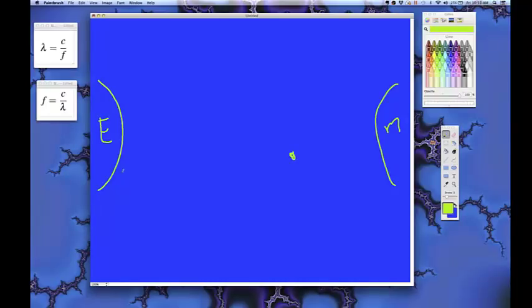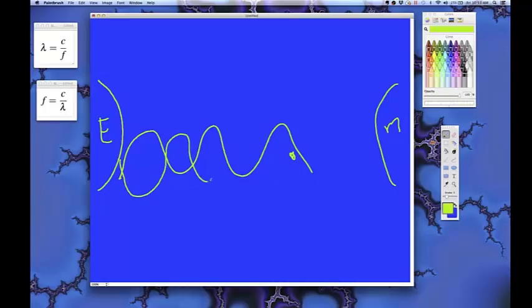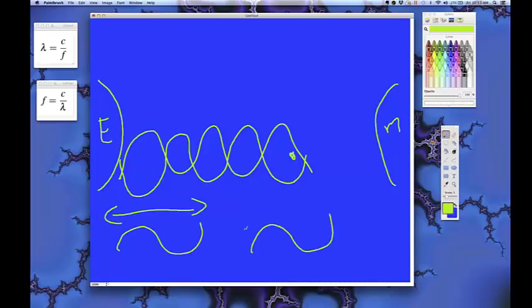I drew this, and they saw this, because that's how a photon looks in their mind. And so what I was drawing was 1 wavelength, but what they saw was this. They saw 2 wavelengths. So it's just a confusion in the way things were drawn.